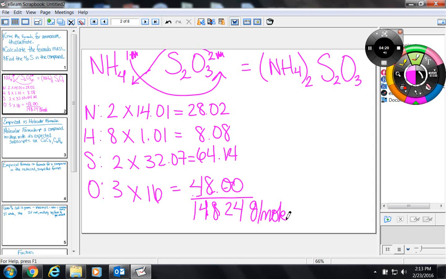I don't have any extra subscripts than what are already written in the polyatomic ion. All right? 148.24. All right?